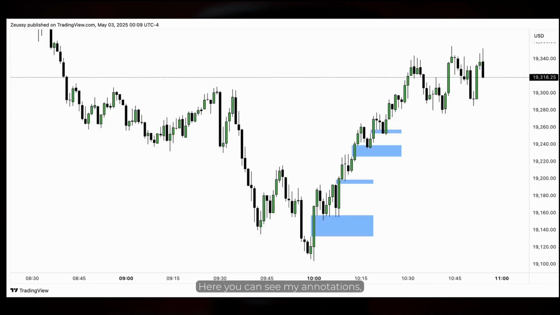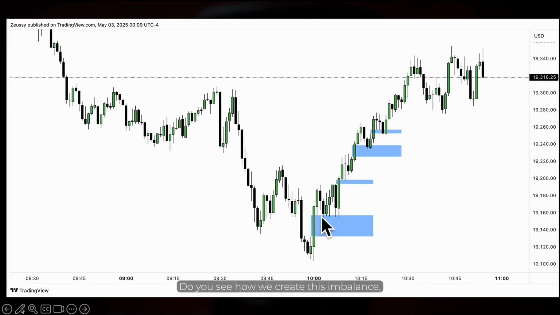Here you can see my annotations, and when you pay attention to these annotations, I've outlined the buying opportunities which present themselves. Notice that we saw the market form a low right here, around 10 o'clock, and notice that we saw the market reprice higher significantly. Do you see how quick these upclose candles right here are?